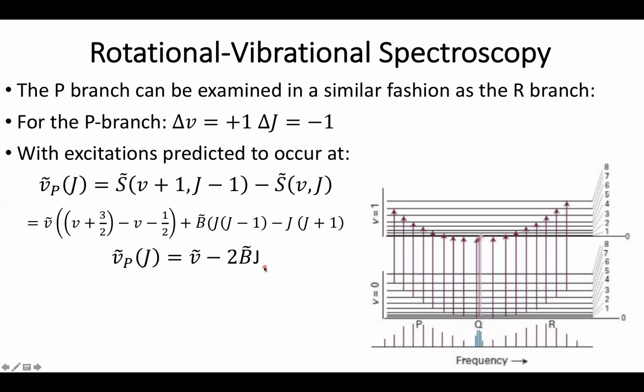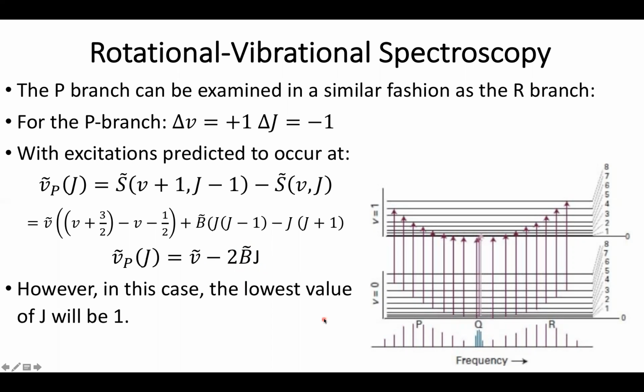So one of the big differences from the spectra is, on the R branch, your lowest peak corresponded to a J of 0. Here, our lowest value is going to correspond to a J of 1 because, in order to drop rotational levels, I have to be in an excited rotational level. However, keeping this in mind, we're going to see very similar factors from the R branch, just reversed.